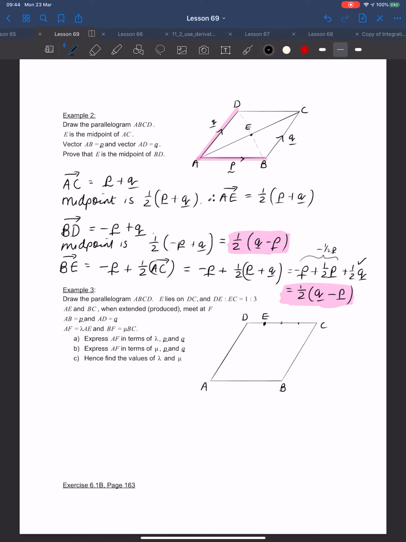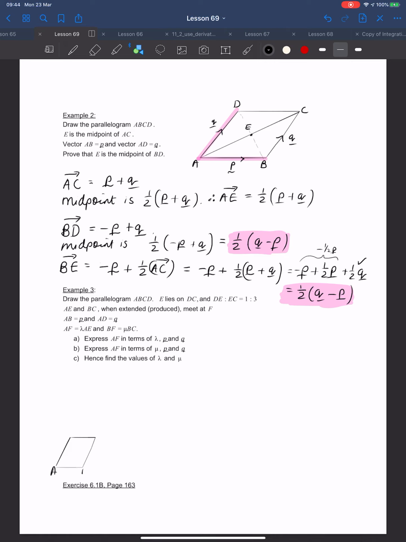Right, I'm going to do a new diagram now because when I start extending those, it's going to go over the top. So I need to do a small diagram here. A small parallelogram, so I can extend things and it'll work visually.